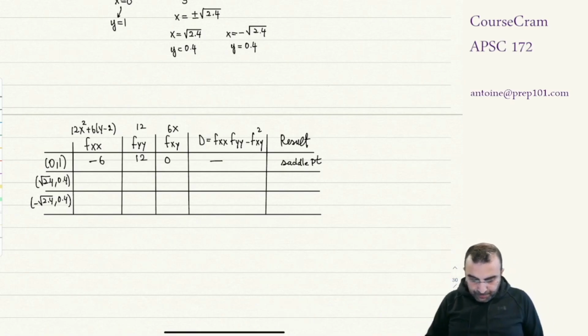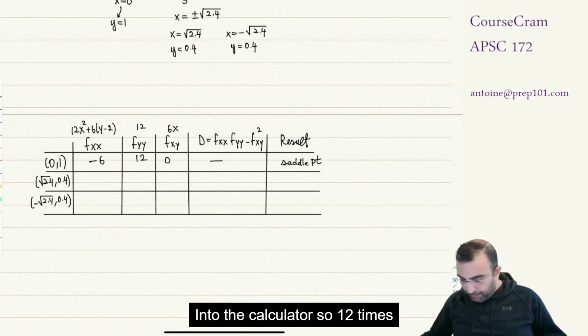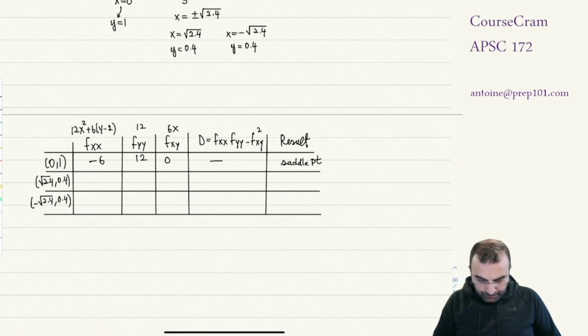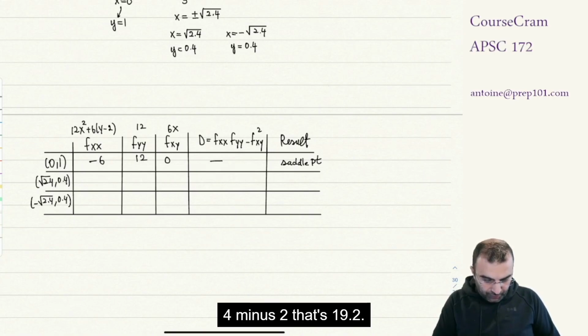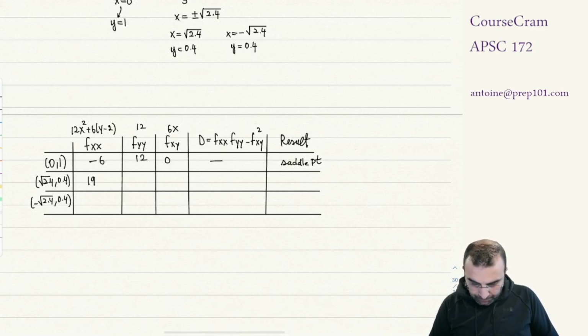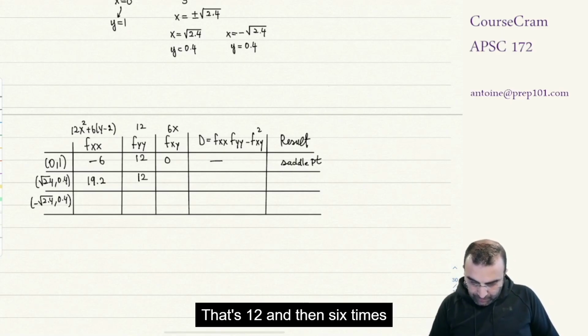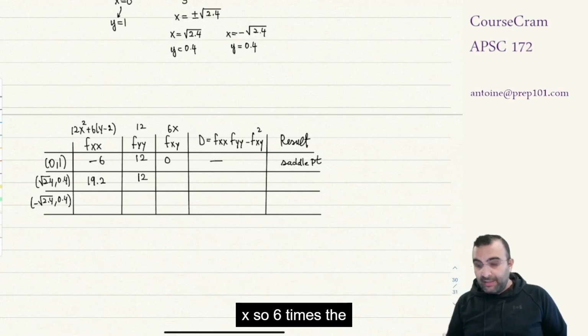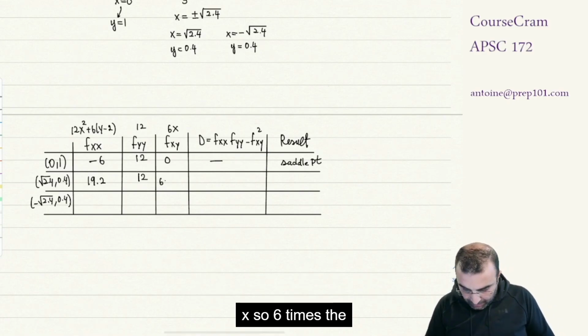Here, that's going to be 2.4. We need the calculator. So 12 times 2.4 plus 6 times 0.4 minus 2. That's 19.2. That's 12. And then 6 times x, so 6 times the square root of 2.4.